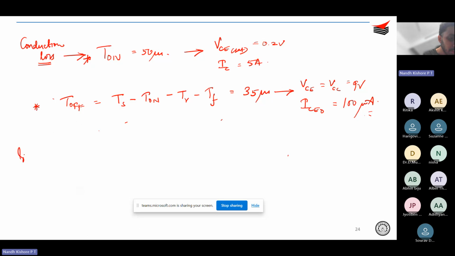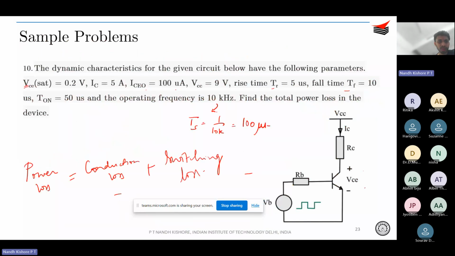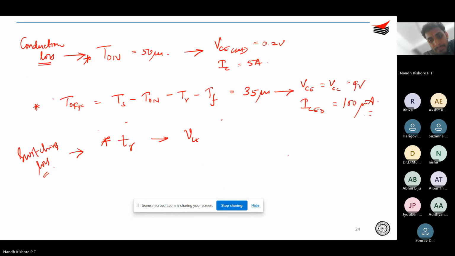So what about your switching loss components? You know that during the rise time, your VCE goes from what to what?